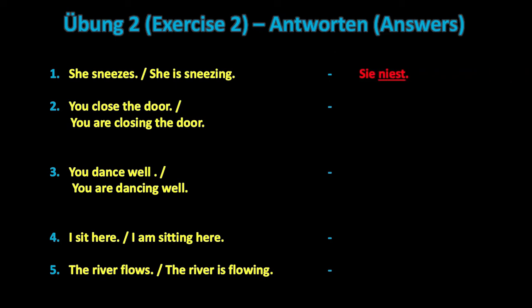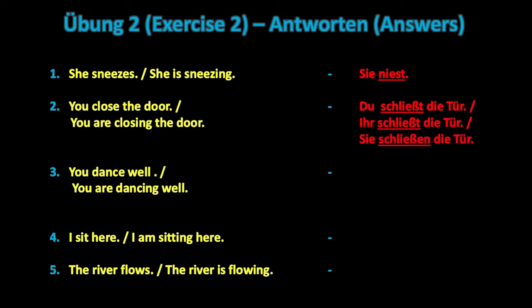She sneezes or she is sneezing. Sie niest. You close the door or you are closing the door. Du schließt die Tür or ihr schließt die Tür or sie schließen die Tür. You dance well or you are dancing well.